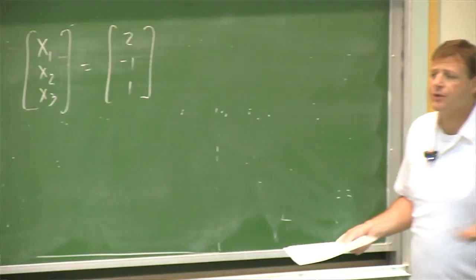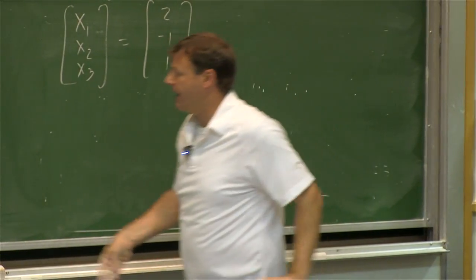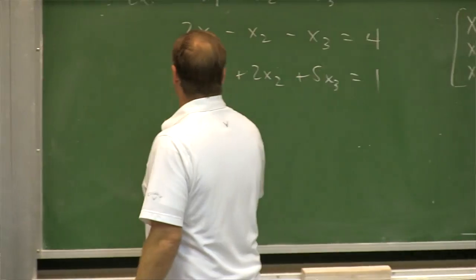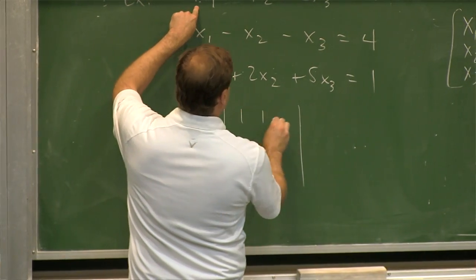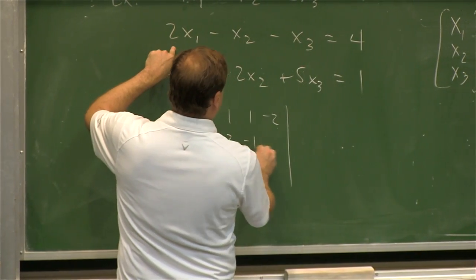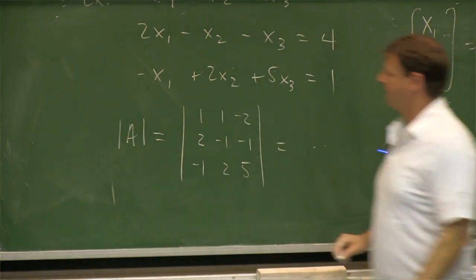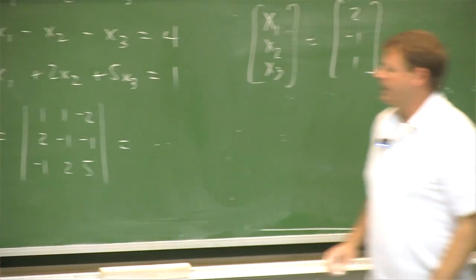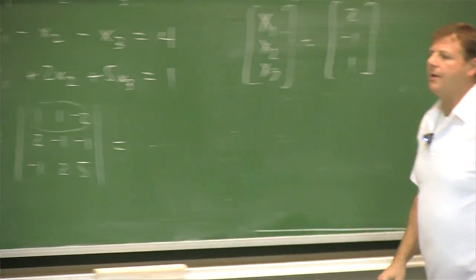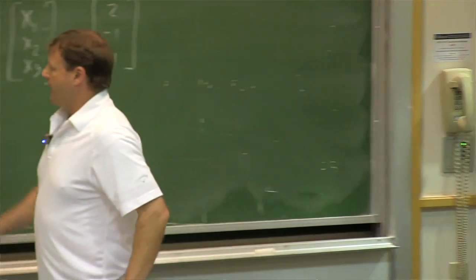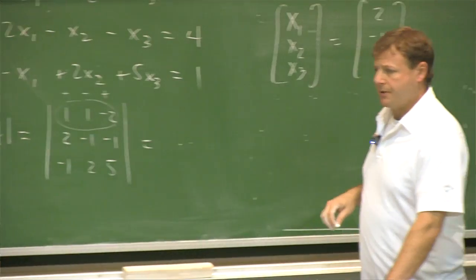So I've got to compute 4 determinants. A is going to be on the bottom of every one of them, so I need A first. Let's get the determinant of A. That's the determinant of 1, 1, negative 2, 2, negative 1, negative 1, and the last row. When I do this, I could reduce it, but I'm just going to go along the top row in each case. You can do these 3 by 3s by brute force. Remember, this is a plus location, that's a minus location, and a plus location.